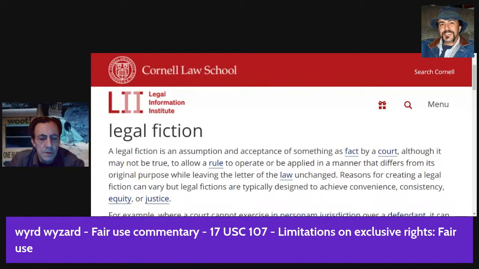Okay, so the Social Security card is a form of a credit card. It is any card or plate or something used to obtain money, property, labor, or services.